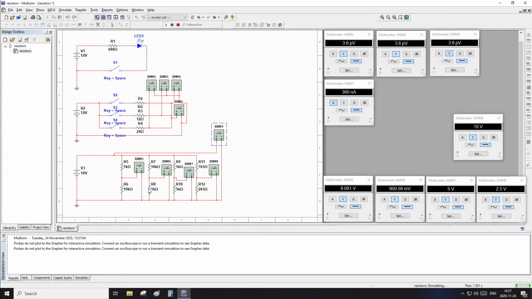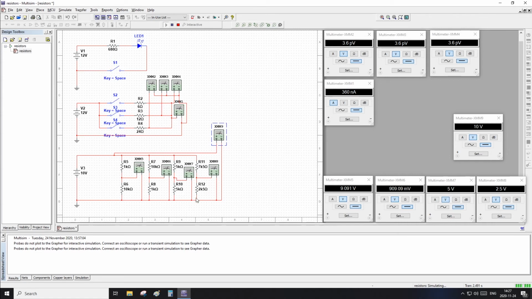If we take the opposite, we're gonna go down. So multimeter 6 says 1 volt, and that's exactly 1/10 of 10 volts. If we take 5 kilo ohms, we can divide it in half, so half the 10 volts is 5 volts.